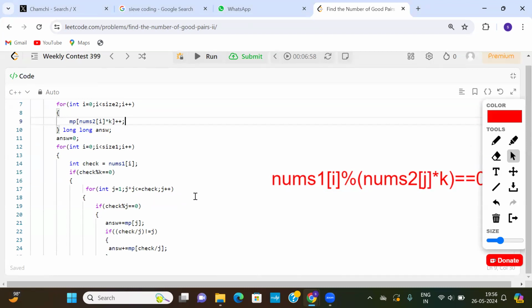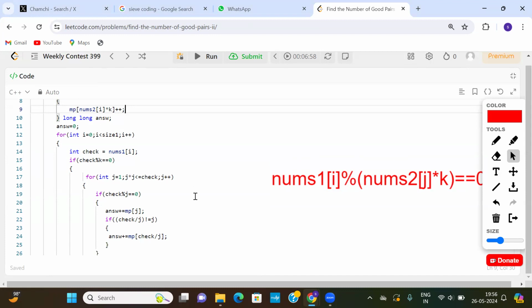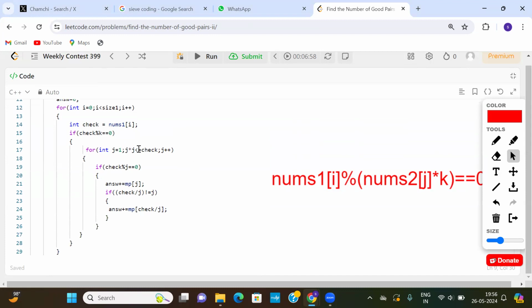Then I will calculate all the divisors of that particular number. How can we calculate all the divisors of a particular number? This can easily be done in a square root of n approach, right? So for int j equals 1, j into j less than or equal to check, j plus plus. If check mod j equals 0, what does it mean? j is a divisor of check. If j is a divisor, I'll do answer equals answer plus mp at index j.